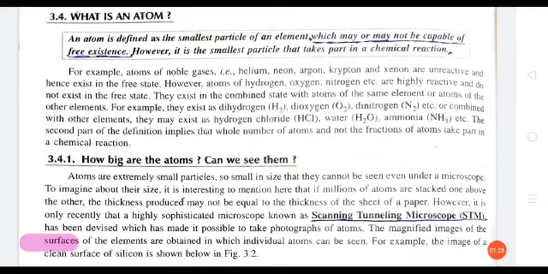For example, atoms of noble gases, that is helium, neon, argon, krypton and xenon, are unreactive, hence exist in free state. Now again one more question comes, my dear children: what are noble gases?